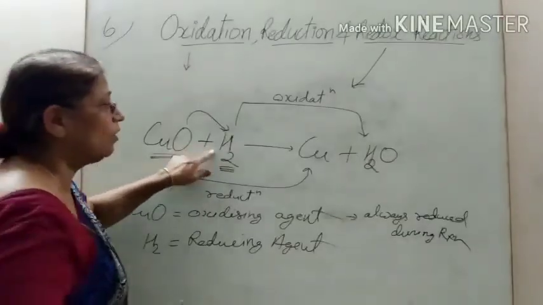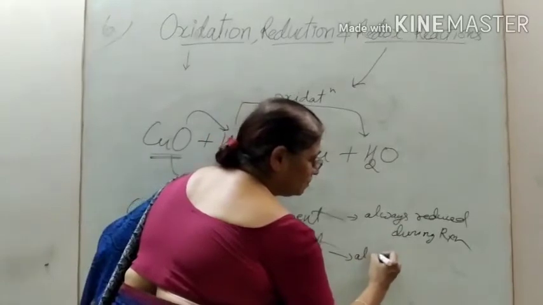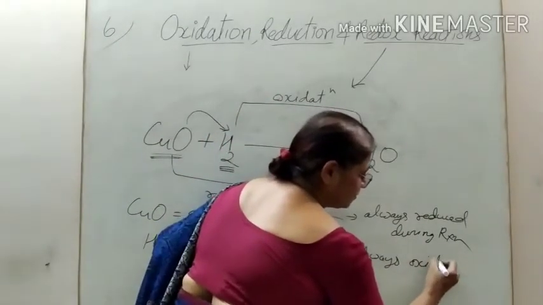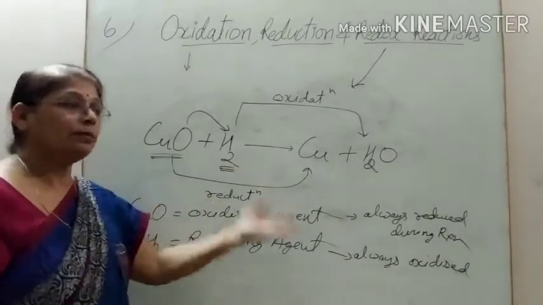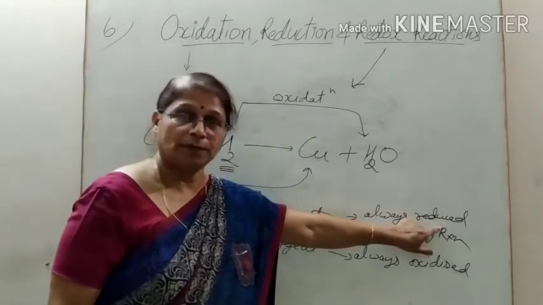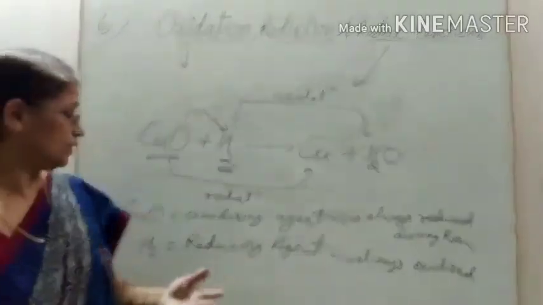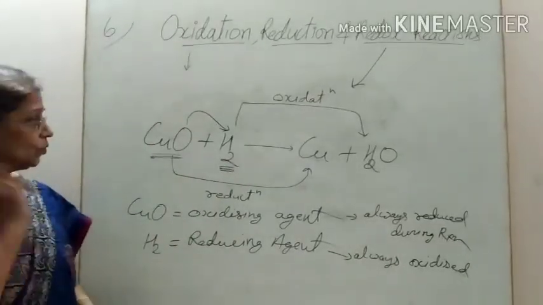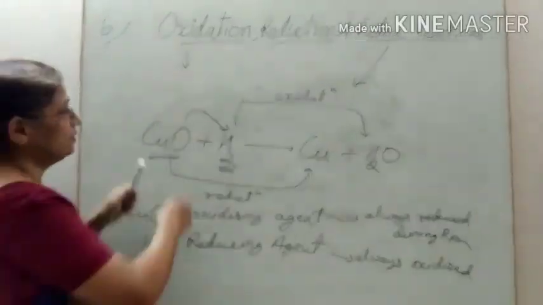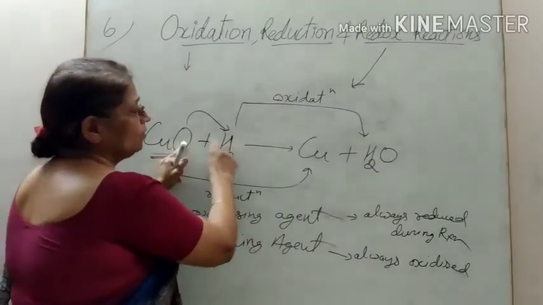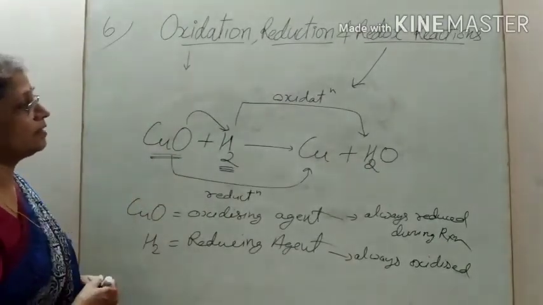The reducing agent always oxidizes after the reaction. Finally, whatever the oxidizing agents are in the whole reaction, they themselves get reduced, because if the oxidizing agent gave oxygen to someone, there was loss of oxygen, meaning it got reduced. And reducing agents are always oxidized. So in terms of oxygen, we can clearly consider that removal of oxygen is reduction and addition of oxygen is oxidation. Clear? And this is the example of a redox reaction.